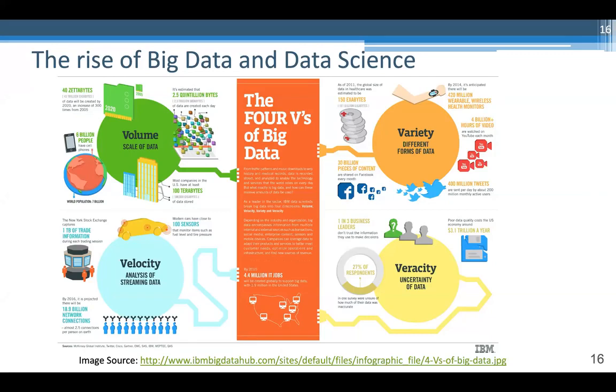We are basically providing a lot of information, and that information is being collected, and you're seeing that this whole set of information is increasing in terms of volume as we go.